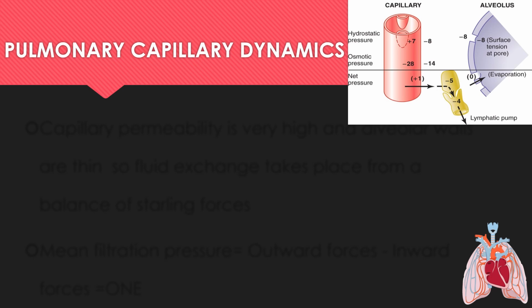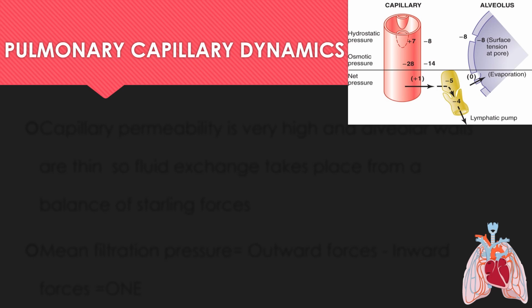So before moving on to the pulmonary capillary dynamics, let us recall just what we have discussed. The pulmonary capillary pressure is 10 millimeter of mercury, and the colloid osmotic pressure is 25 millimeter of mercury.